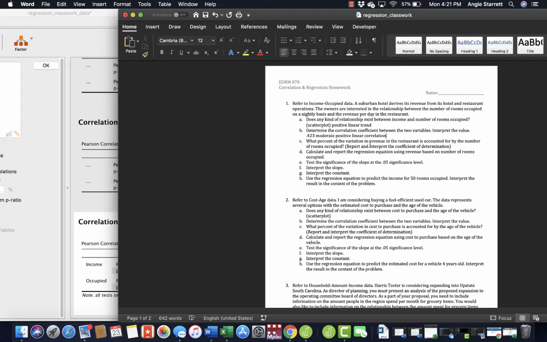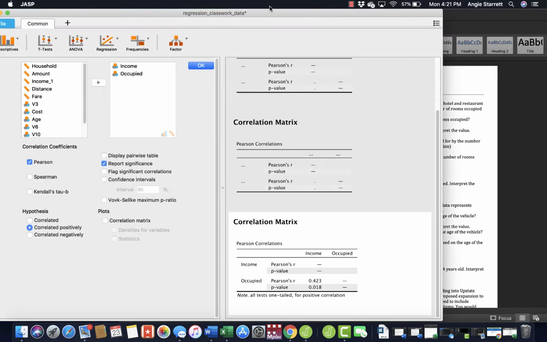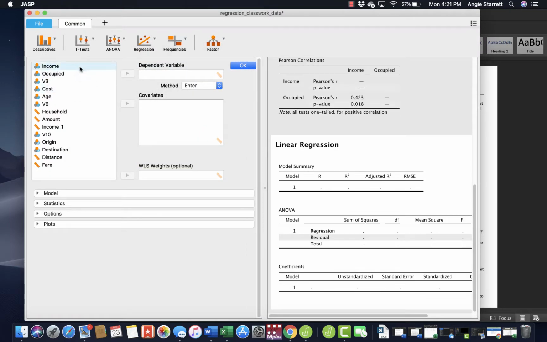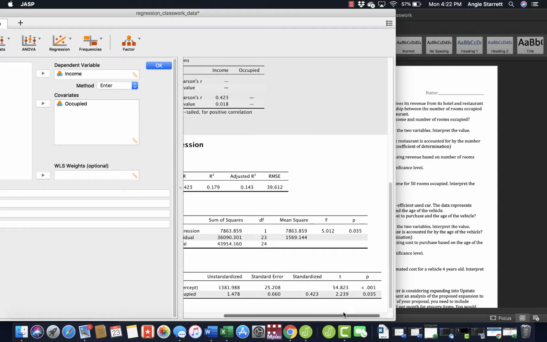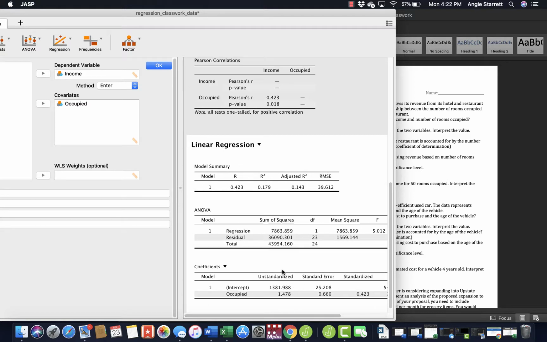All right, what percent of the variation in revenue in the restaurant is accounted for by the number of rooms occupied? All right, starting with C, we're going to need our regression equation. So we're going to go into linear regression, and we are predicting income by rooms occupied. All right, and so we see here that we've got our coefficients and our ANOVA table and then our model summary.